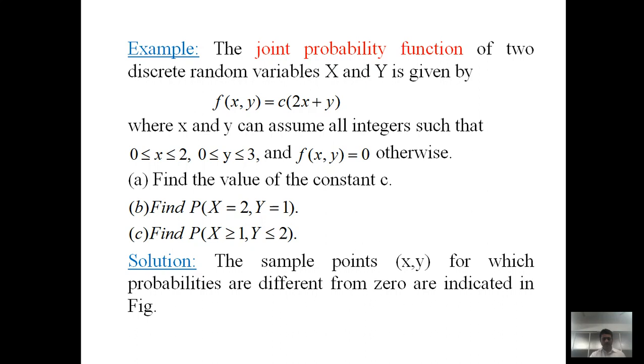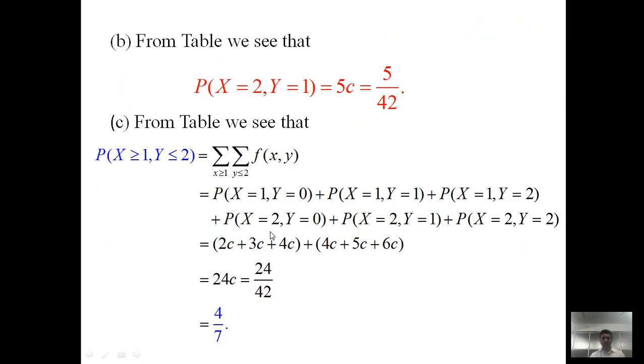So see here, x greater than or equal to 1 includes the cases x is 1 and x is 2. Now y less than or equal to 2 includes the cases y is 0, y is 1 and y is 2. So we have to talk about two values of x, 1 and 2, and three values of y, 0, 1 and 2. So we have to consider all the combinations of xi and yi.